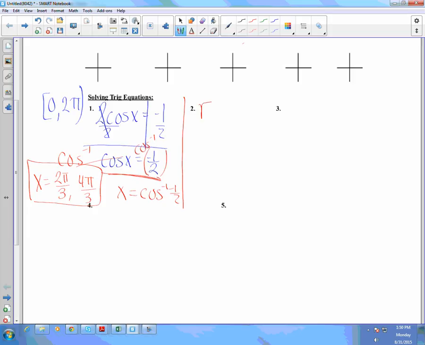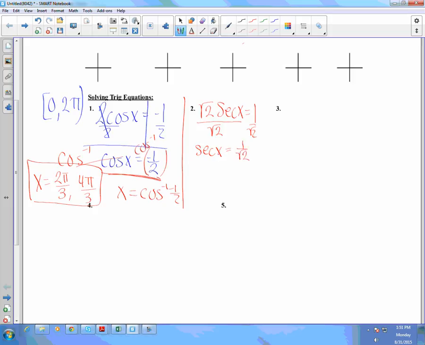Okay, what about this? Root 2 times secant of x equals 1. So if you solve for x, what's the first thing we do? Divide by root 2. Now, secant of x is not on a unit circle.